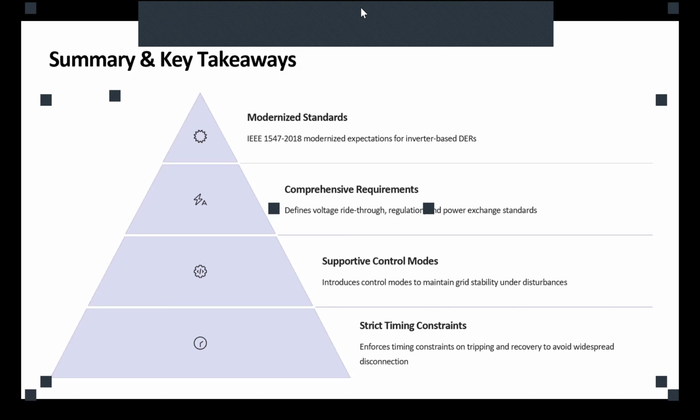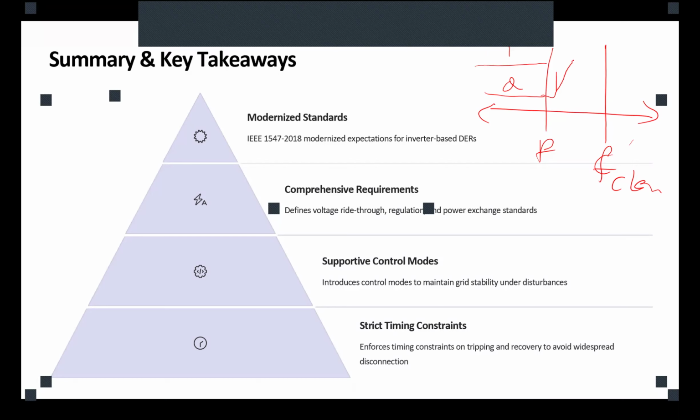For example, in a fault, this is the timeline. This is when the fault happened. This is when the fault is cleared. Here you have a certain amount of P and a certain amount of Q. When the fault happened, you need to increase the Q, meaning the P is decreased until here.